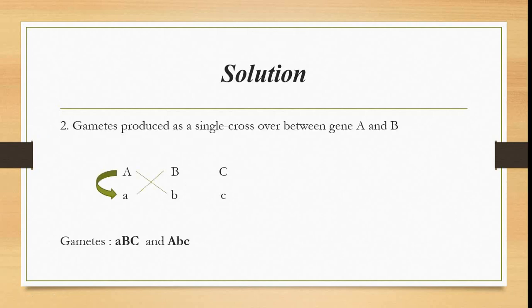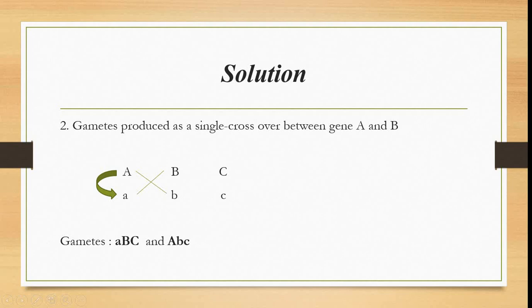For the second question, we are supposed to determine the gametes produced by a single crossover between gene A and B. From this illustration, the crossing over is occurring between gene A and B. At the extreme side, the capital A and the small a will interchange positions. The small a goes up and the capital A comes down.